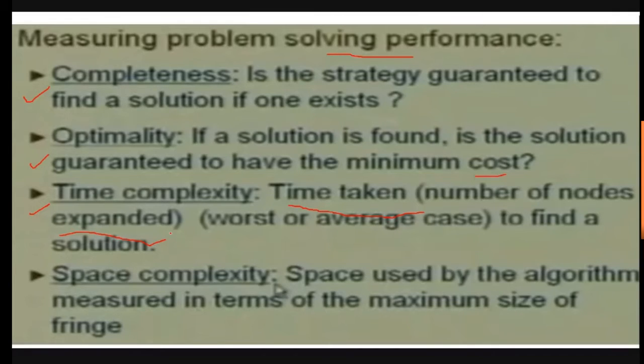The next is space complexity. How much space is used by the algorithm in memory? We have one concept called fringe that will come in the next slides. So these four points: completeness, optimality, time complexity, and space complexity are the major problem solving performance metrics. We will be discussing this as we come across the points.